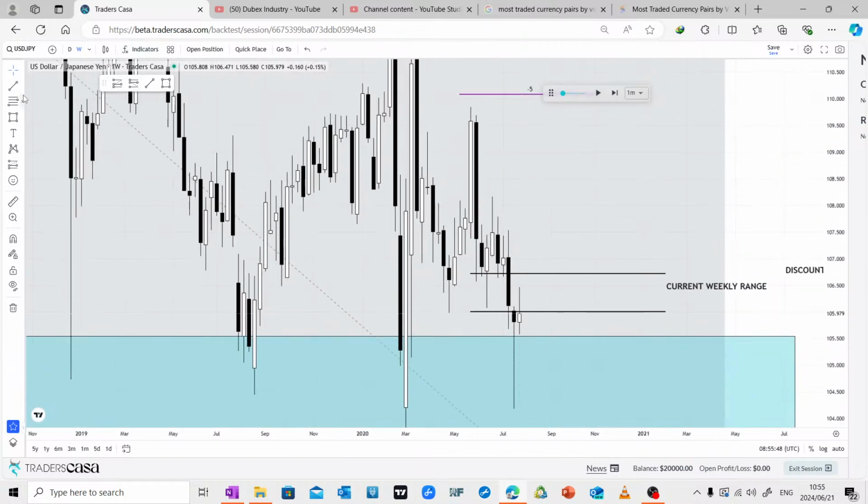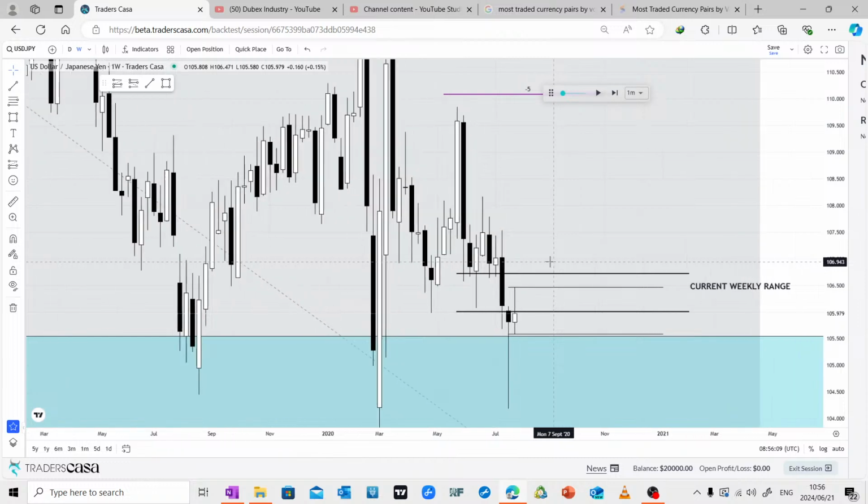Now what we also want to do is map up the highs and the lows of the weeks. So we've got this high, price reacted to it. I'm going to make this 1 point, and currently the low of this week is right there.